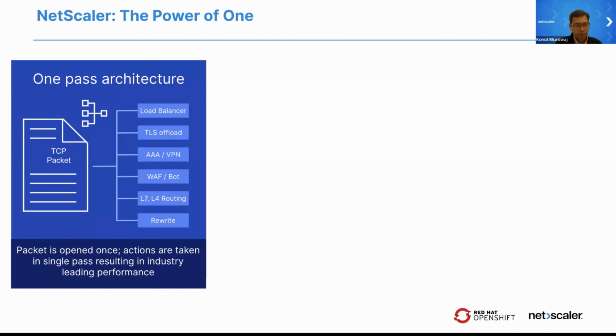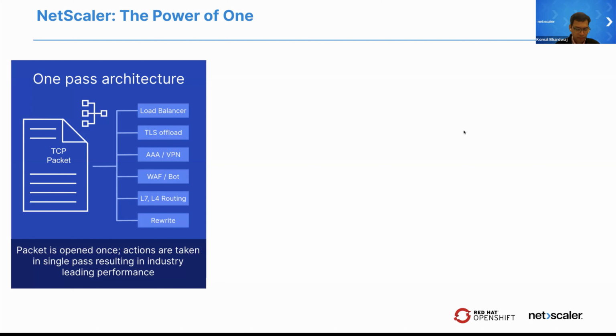This is powered by our one-pass architecture, in which we open the packet once, and then based on the policies configured by the administrators, we do all these functions and then route the traffic to the backend applications. And we do the same for the response. So these core capabilities have placed NetScaler as one of the leading ADCs.